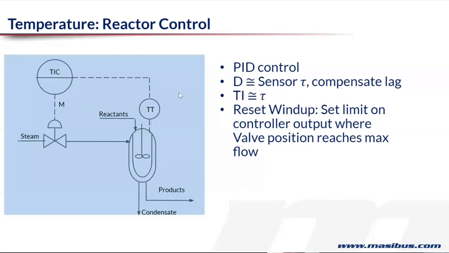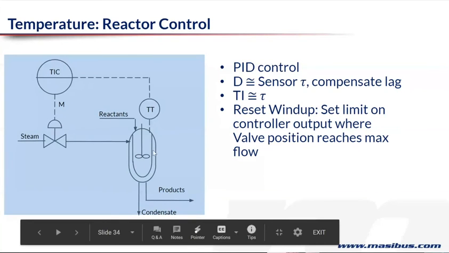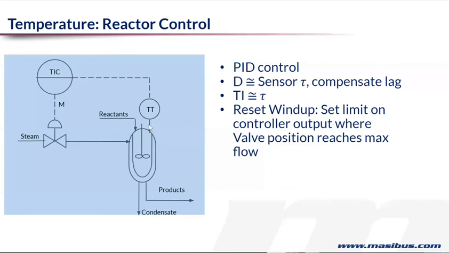So you need the full force of your PID algorithm. The D is required because, as I said, in a reactor you will use a thermowell. There will be a lag between the reactor temperature and by the time the sensor inside the thermowell senses the temperature.